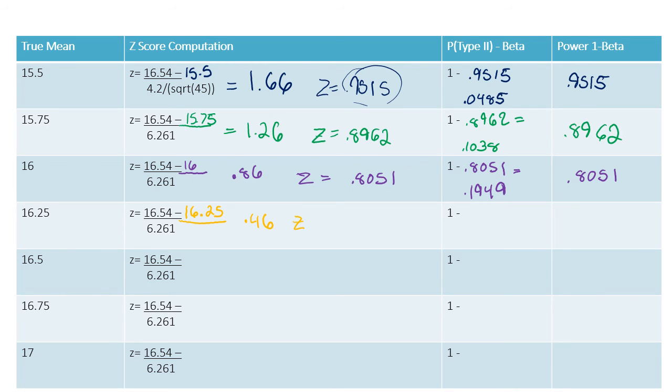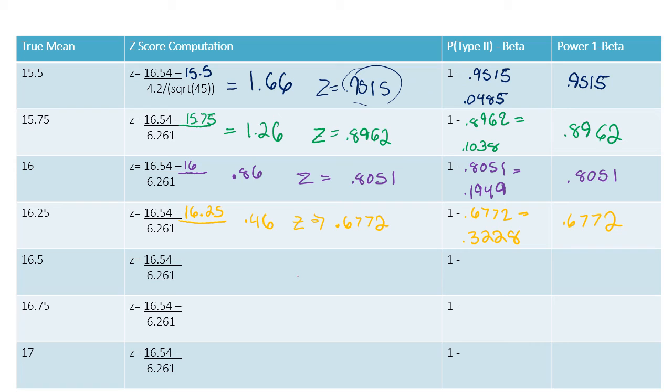The area under the curve from the table associated with this z-score is 0.6772. So I'm going to write that over here as my power, 0.6772. To get my beta, I take 1 minus that area under the curve, 0.6772, and the result is 0.3228. All right, moving right along.